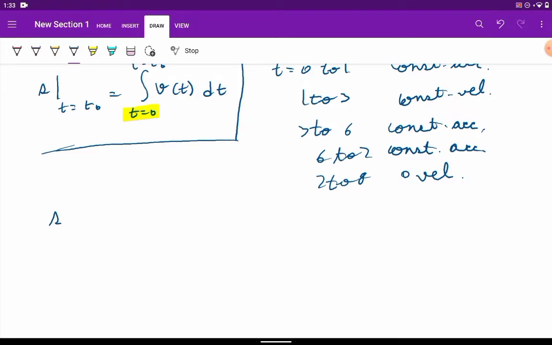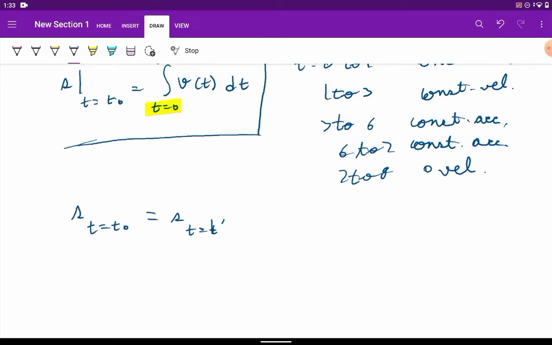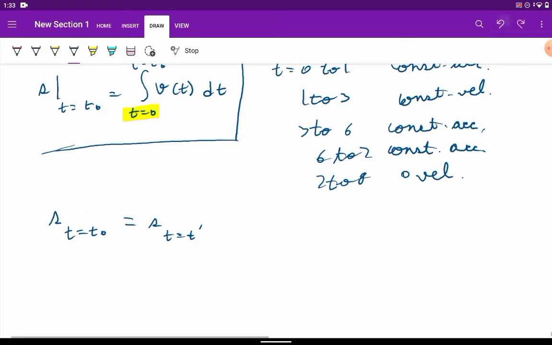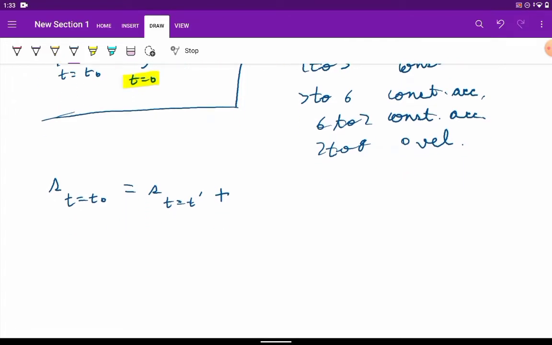All right, okay. So once we have these spans, for each span we can say that s at some t equal to t naught is equal to s at some prior t equal to t dash, let's say, the displacement till that t dash, plus, so basically from t dash to t naught, the time between t naught and t dash, let's say it is delta t.